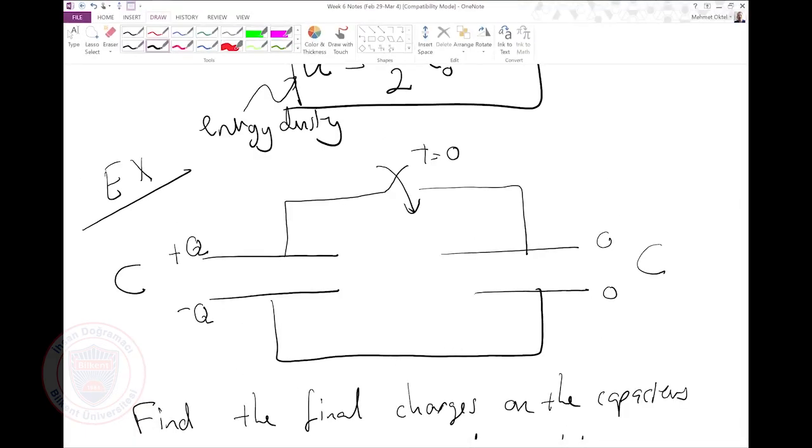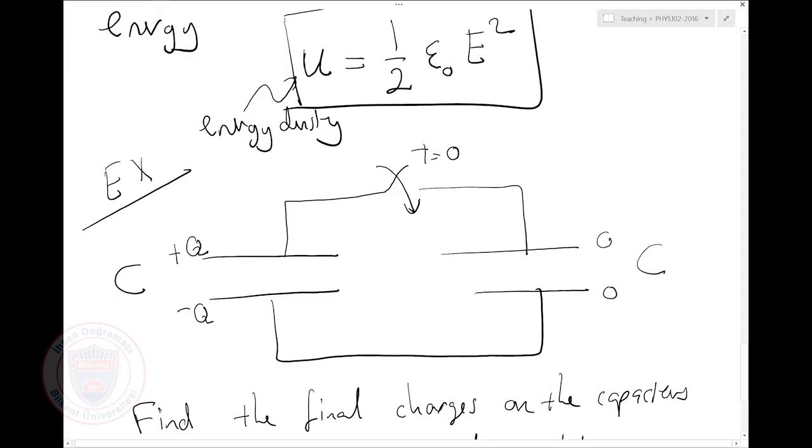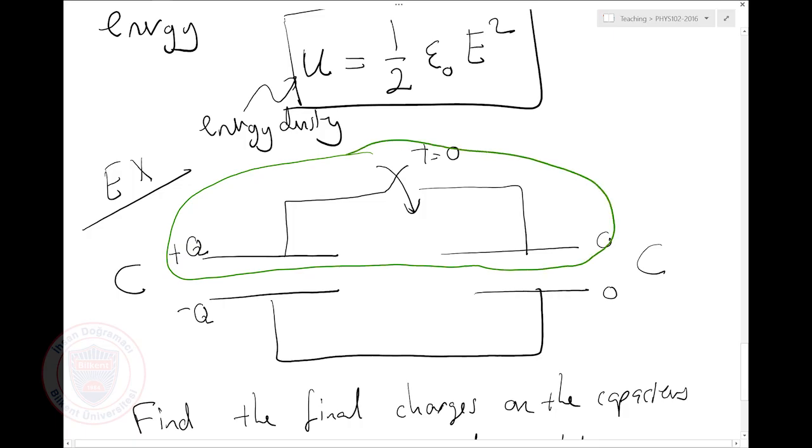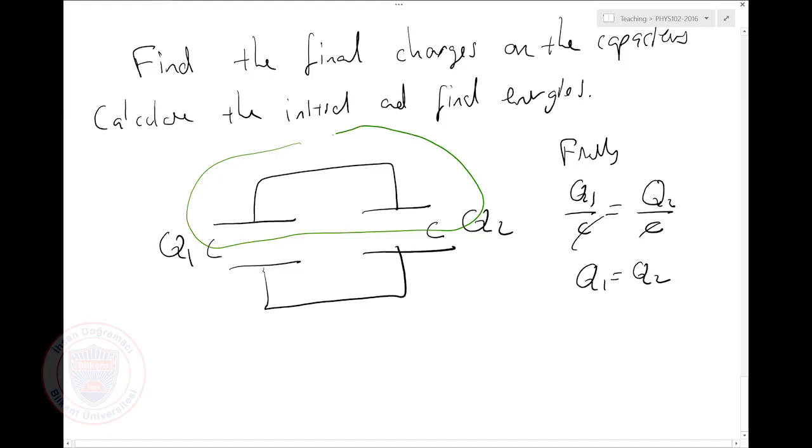Now, please follow this argument. It's going to come in handy again. Think of a surface like this. When I close the switch, can any charge come into or go out of this surface? There are no conductors passing this surface. So the total amount of charge in this surface must be conserved. If I draw the same surface again here, I'll have plus Q1, and here I'll have plus Q2, minus Q1, minus Q2.